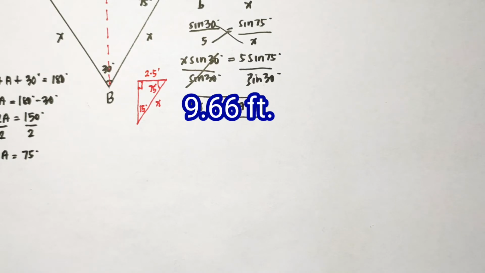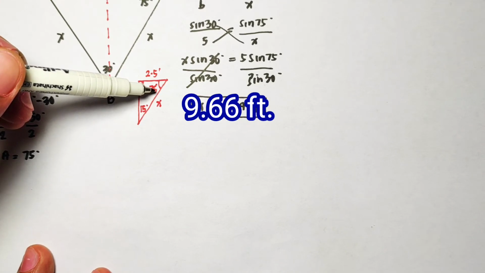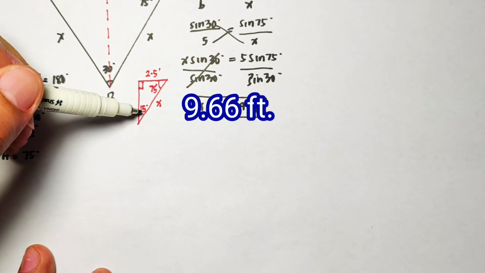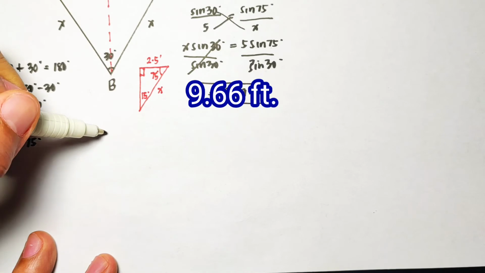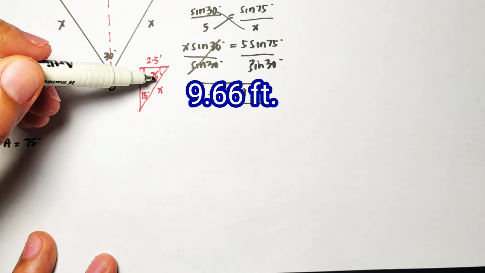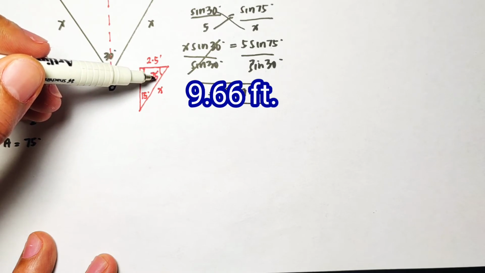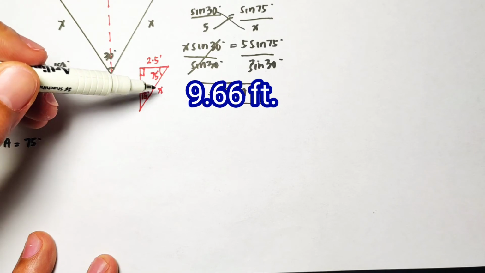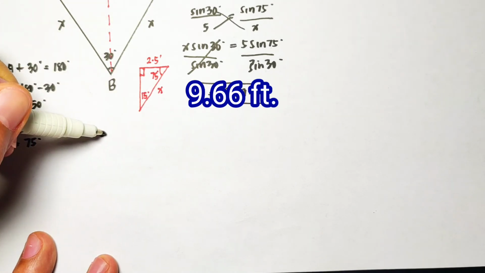Okay, so now let us apply the SOHCAHTOA. By the use of this angle 75 degrees, or even this angle 15 degrees. Let us use the 75 first. If this is the angle that we are going to use, we have the adjacent side and the hypotenuse. So therefore we will use the cosine, or CAH.